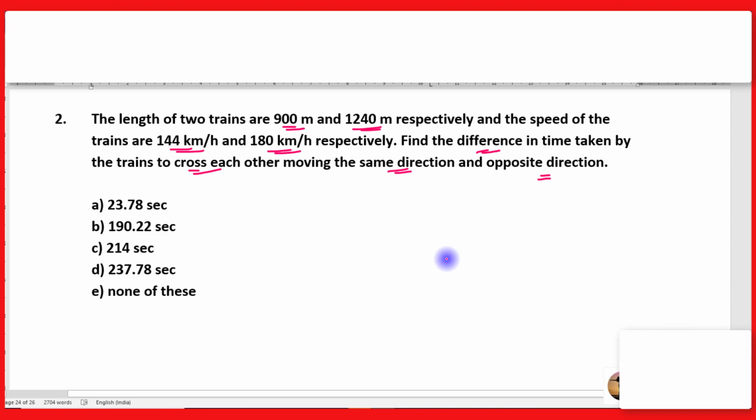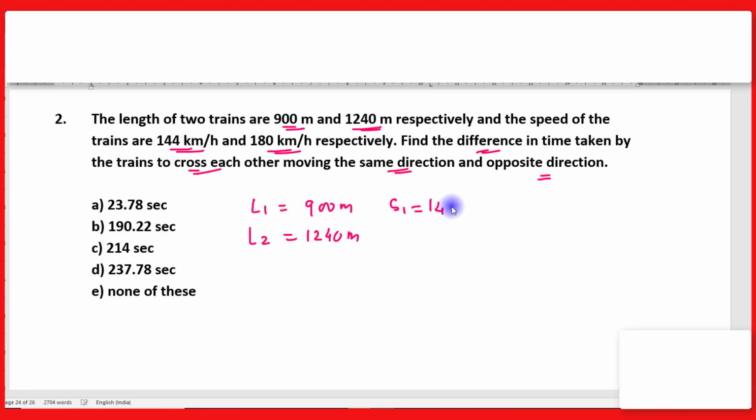Friends, there are two trains whose lengths are 900 meter and 1240 meter. And it is said that the speed of train 1 is 144 km per hour and the speed of the other train is 180 km per hour.